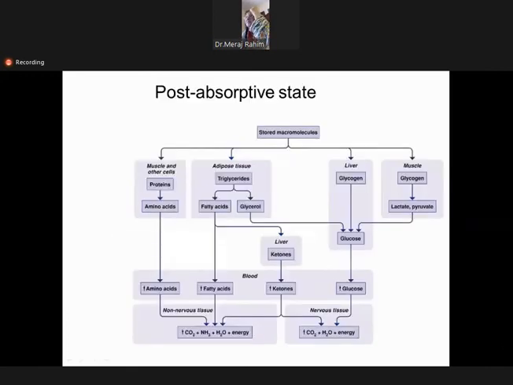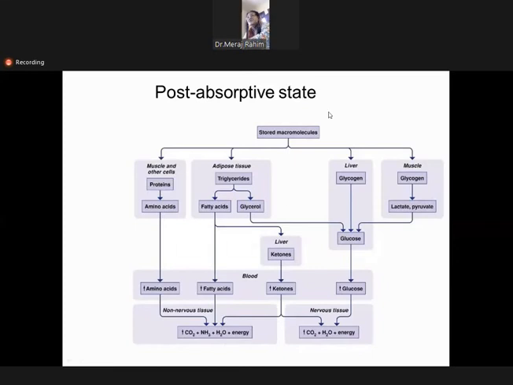Now, what is the post-absorptive state? You can see that this is how it is. The muscles, understandable. The proteins, the amino acids joined together, they are the ones which make the proteins. They're broken down into amino acids. Those amino acids, whenever needed, then go into the cycle for utilization.